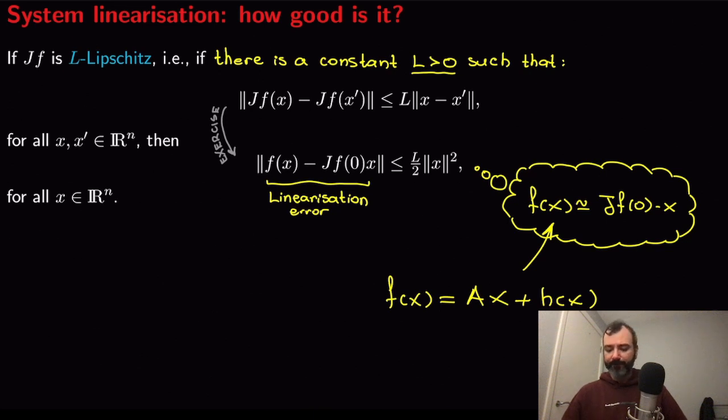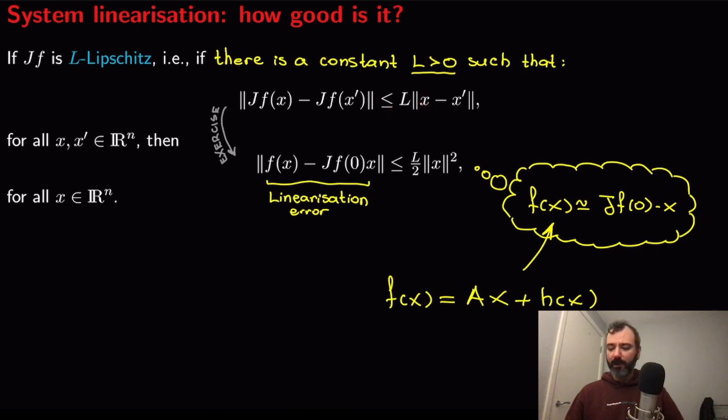What does this mean? It means that there is a constant number L such that this inequality holds for all points x and x prime. Let's read it out. The Jacobian of f at a point x minus the Jacobian of f at a point x prime has a norm that is controlled from above.